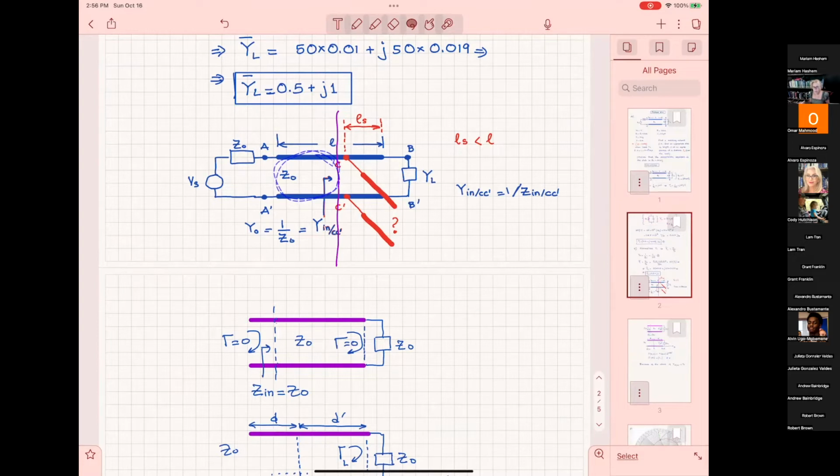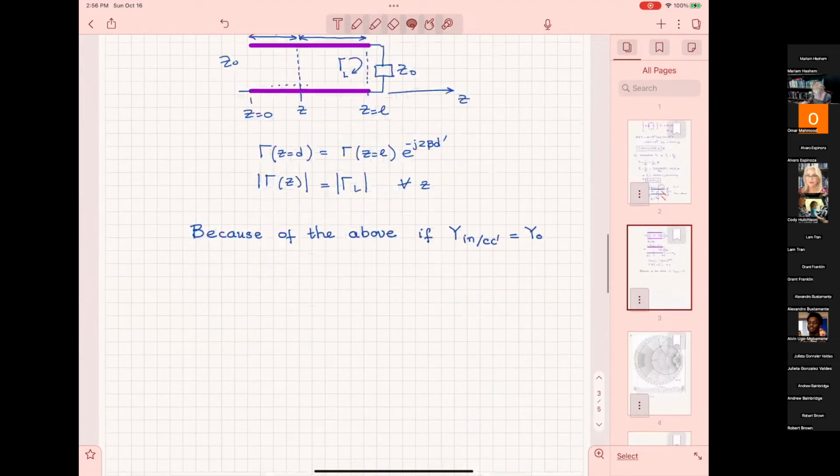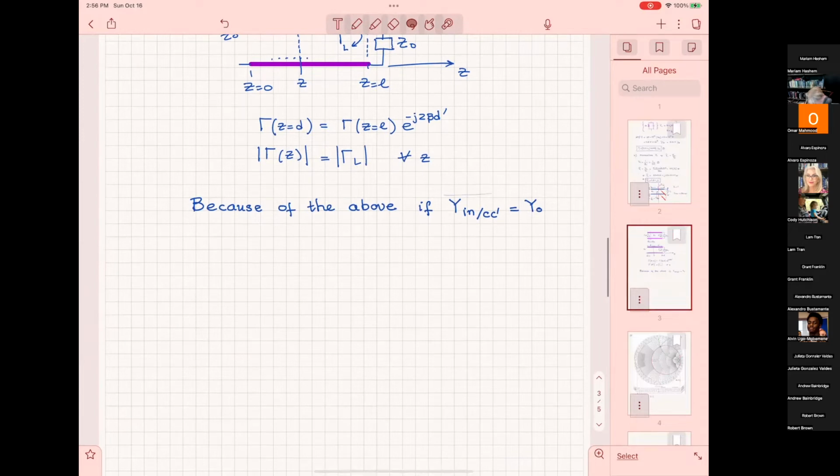There is a perfect match. There is a perfect match whether my load as an admittance is equal to Y naught, or whether my load as an impedance equals Z naught. In any of these two cases, the reflection coefficient is 0. Because of that, we have this condition.